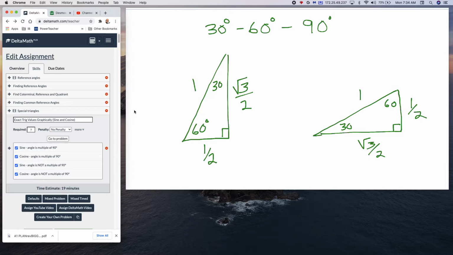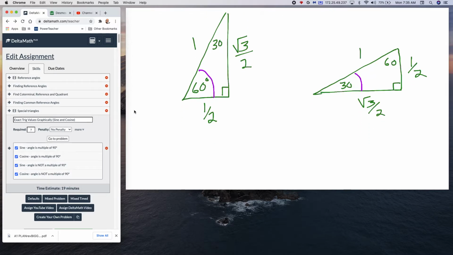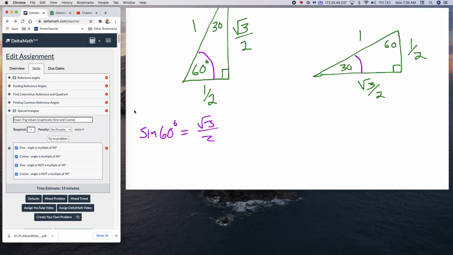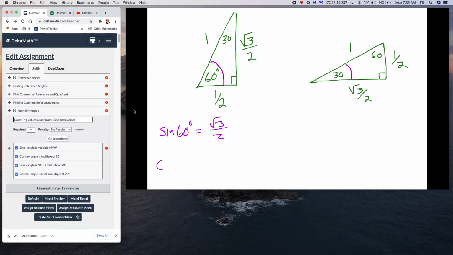I drew them that way because we're going to be talking about 60-degree reference angles or 30-degree reference angles. Notice that on a 60-degree reference angle, the sine of 60 degrees is the square root of 3 over 2, and the cosine of 60 degrees is 1/2.